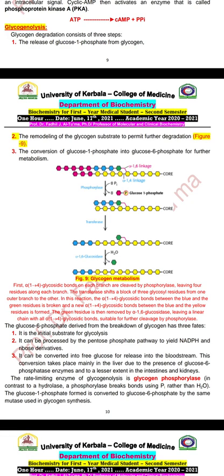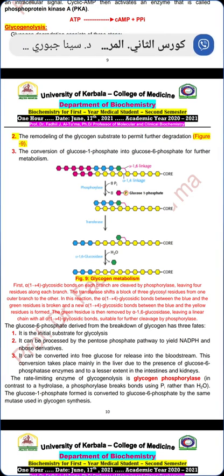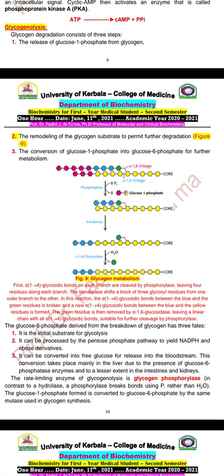It can be processed by the pentose phosphate pathway أخذناها بالمحاضرة قبل أسبوع to yield reducing equivalent NADPH with hydrogen and ribose derivatives. ثالثا, it can be converted into free glucose for release into the blood stream. This will occur in the presence of glucose 6-phosphatase enzyme in the liver, and to a lesser extent in the intestines and kidney.